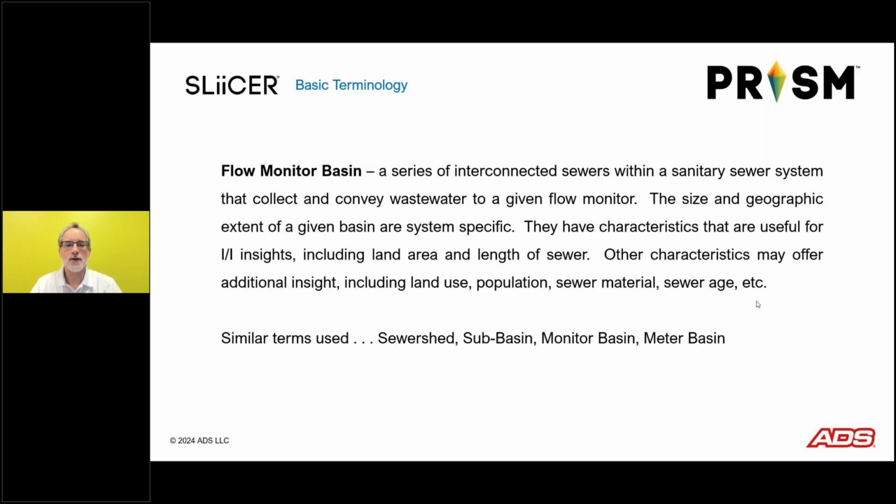A flow monitor basin has an associated land area. It has a length of sewer contained within that basin. And there's even other characteristics that can be insightful to us, including the land use of that basin, the population or the house count inside that basin, or even the sewer material or the sewer age. These are all useful characteristics that go along with the flow monitor data.